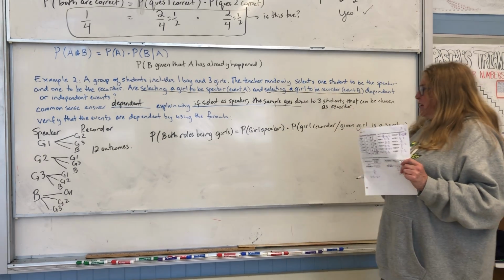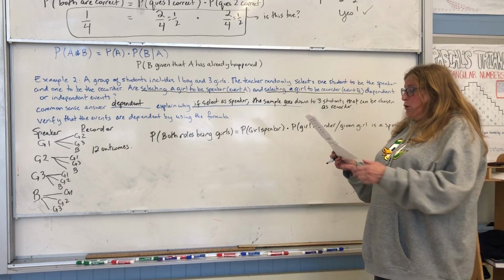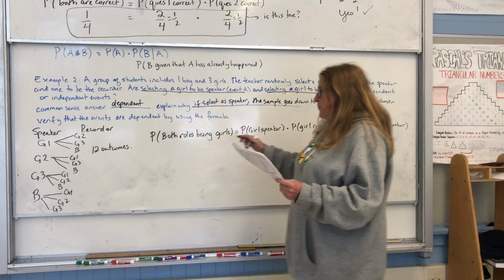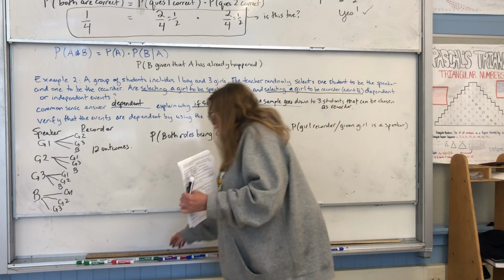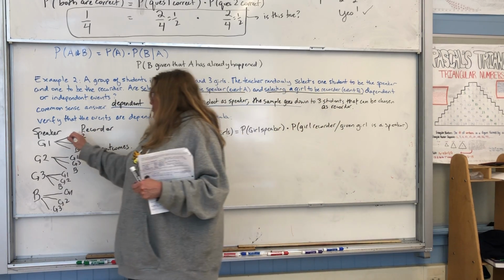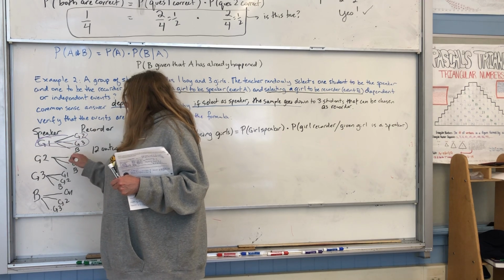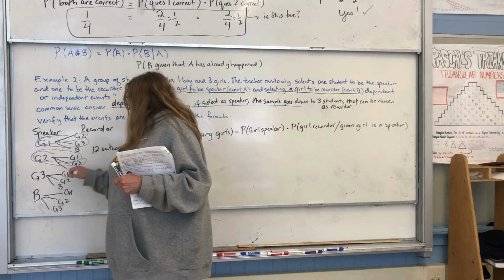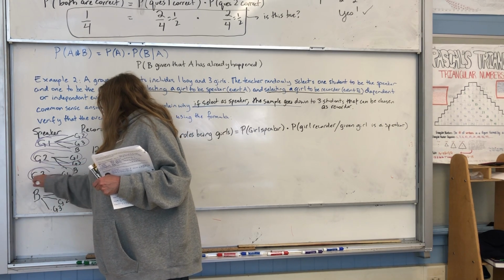Okay? Okay, guys, so let's look at this. The probability that they're both being girls, that there are both girls. Okay, well, let's count how many are both girls. Maybe I'll underline or circle it. 1, 2, 3, 4, 5, 6.